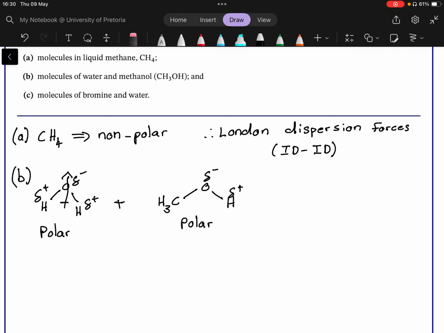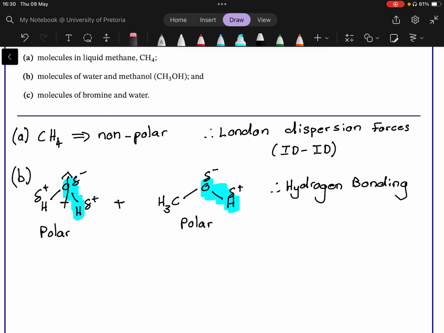So the forces that are present here: we have polar OH bonds, right? So that's the first thing that we see. Polar OH bonds means hydrogen bonding forces.